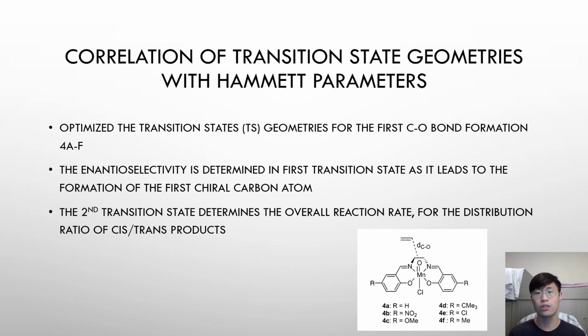However, the first transition state is where the enantiomer selectivity is determined, since it leads to the formation of the first chiral carbon atom, and the second transition state could be determining for the overall reaction rate and for the distribution ratio of cis or trans products.